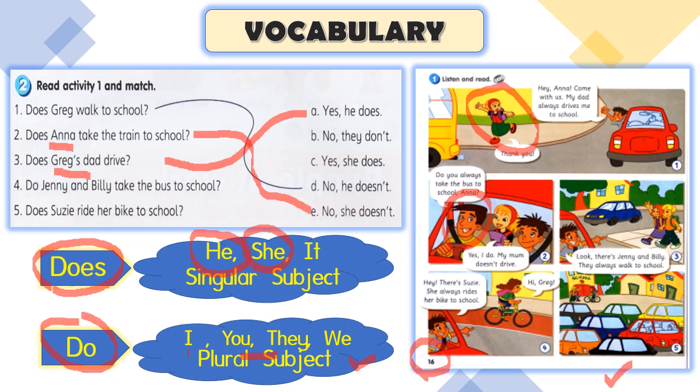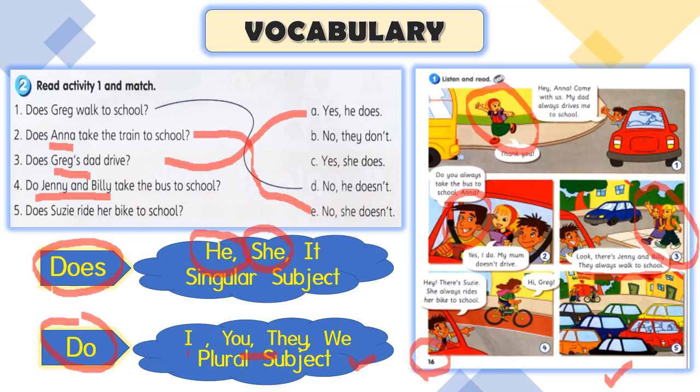Okay, number 4. Do Jenny and Billy take the bus to school? Where are Jenny and Billy? Yes, they are here. So let's read this. They always walk to school. But the question is, do Jenny and Billy take the bus to school? So Jenny and Billy, can we change it to we?